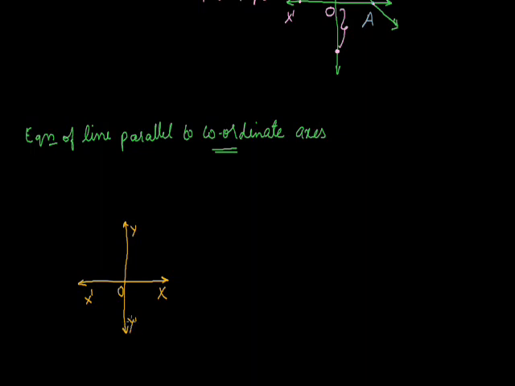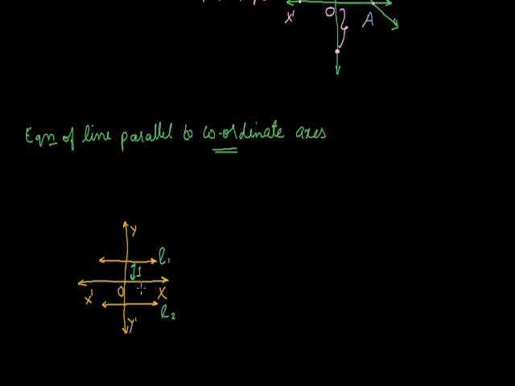So if a horizontal line is at a unit distance from x-axis, that means, let me draw a line parallel to x-axis. Similarly, I can draw a line which is at unit distance parallel to x-axis over here. So these are the lines, let's say L1 and L2. L1 and L2 are parallel to x-axis and at a distance of 1 unit.